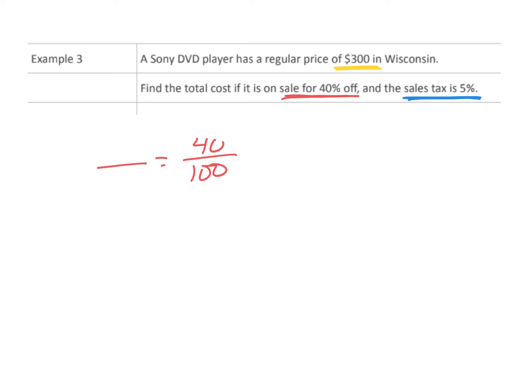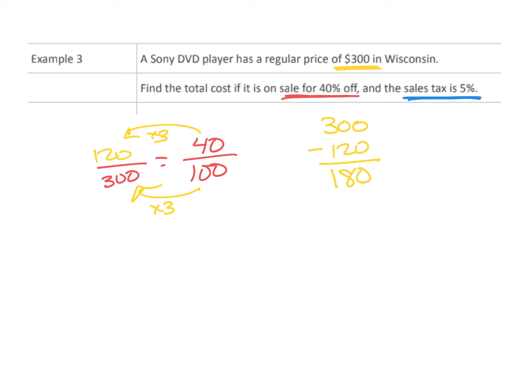It's 40% off of the 300. So we can multiply by 3 to get 300. So 40 times 3 is 120. So 300 minus the 120, we have it on sale right now for $180.